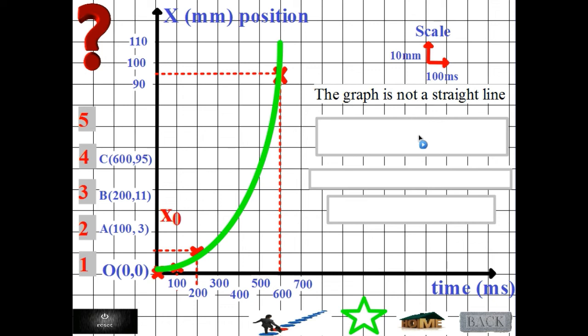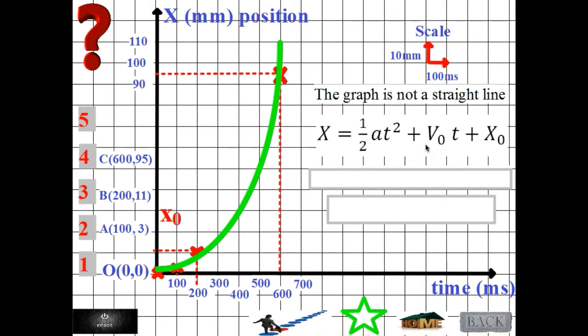So the graph is not a straight line. x equals what? It's so easy. We will try together to memorize this equation. x equals half a t squared plus v0 t plus x0. That's it. x is the position at any instant we want.